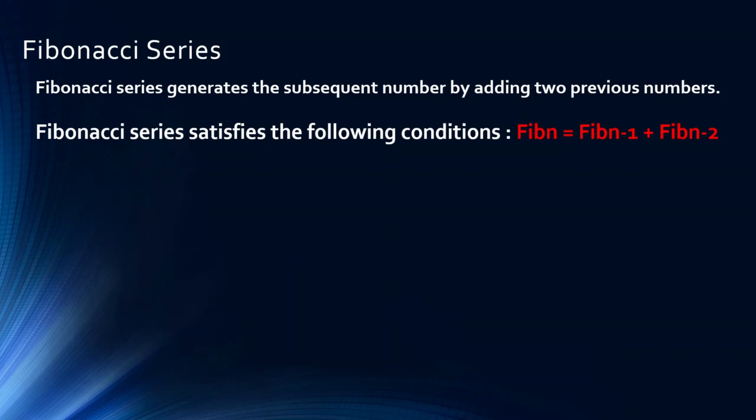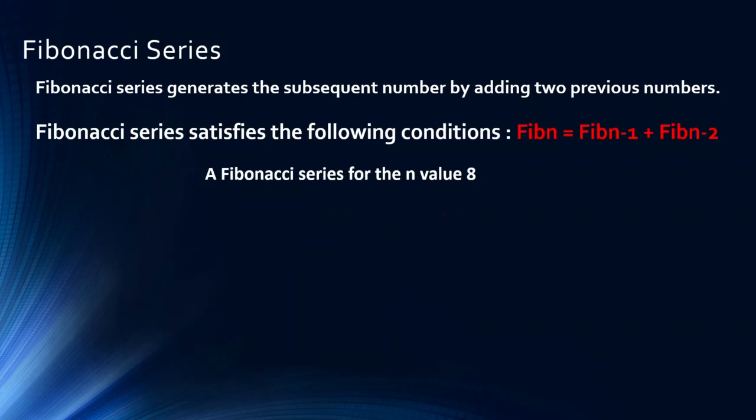Fn equals Fn minus 1 plus Fn minus 2. You can take it as f of n or Fn; it can be written either way. So this is the formula for finding the Fibonacci series.